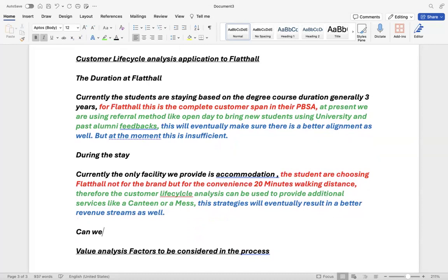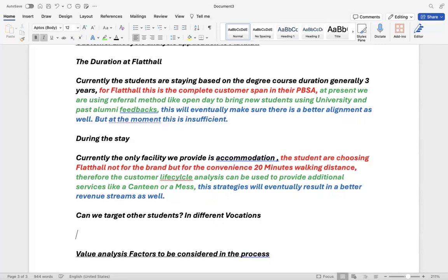Can we target other students in different vocations? That means, students, now we are only targeting students on academic, but can we go for vocation?